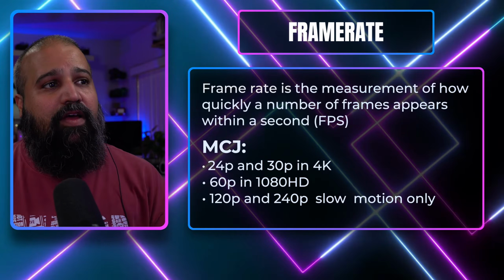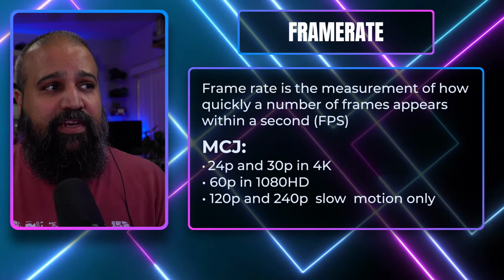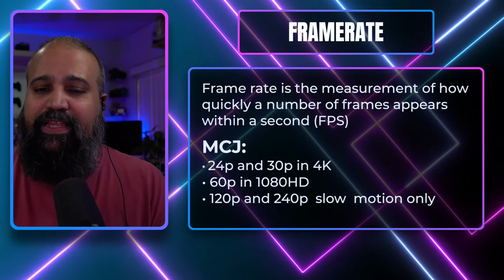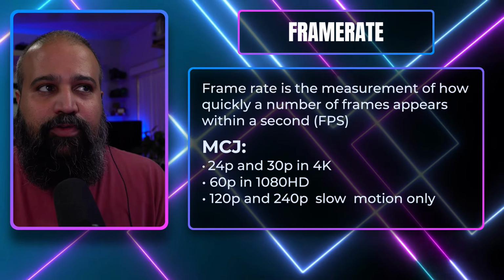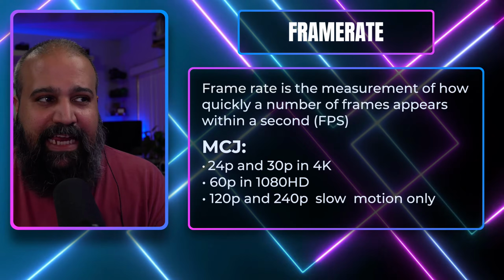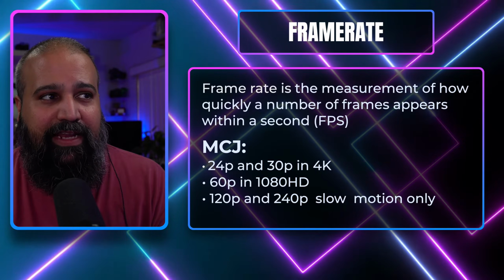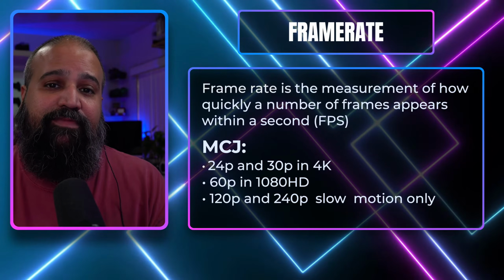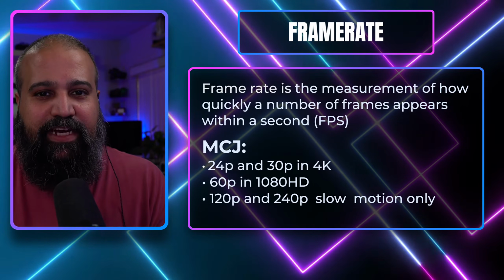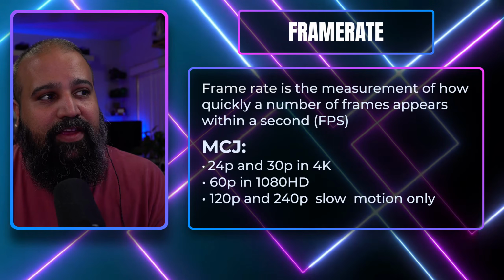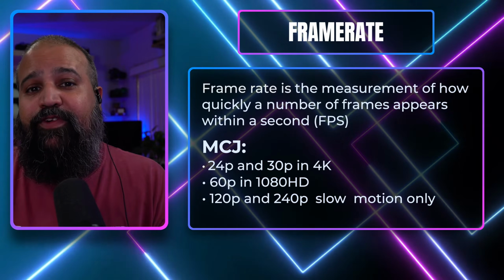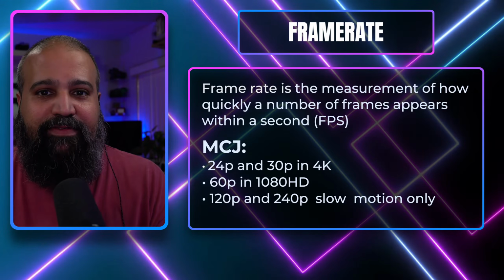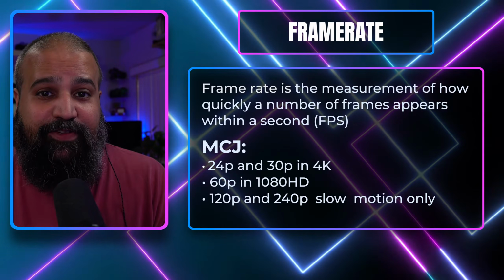But what you're mostly dealing with is going to be 24 or 30 frames per second, and at that moment, I think you'd be in line to just pick your frame rate of choice and start working your system from there, kind of like reverse engineering, because a lot of people prefer 24 frames per second. I do everything in 30 frames per second because that's my own personal choice.